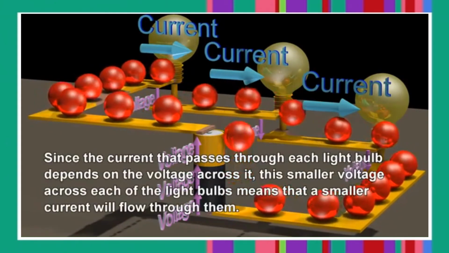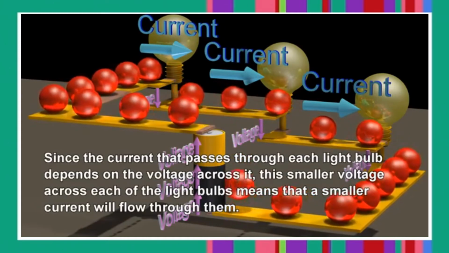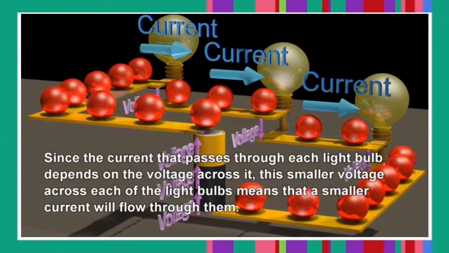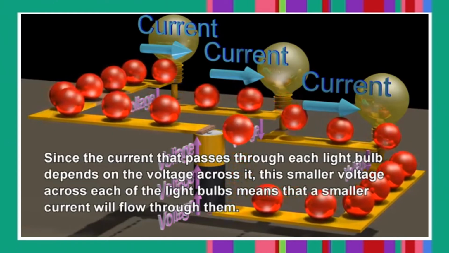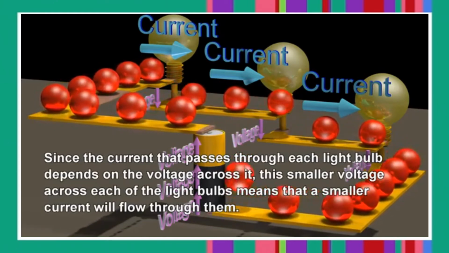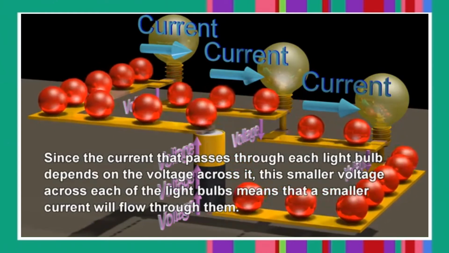Since the current that passes through each light bulb depends on the voltage across it, this smaller voltage across each of the light bulbs means that a smaller current will flow through them.